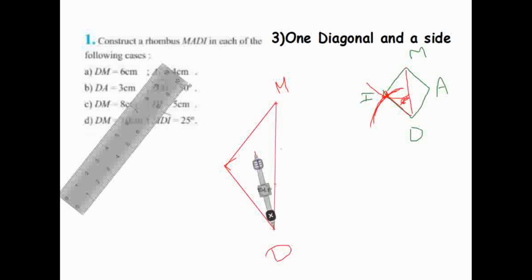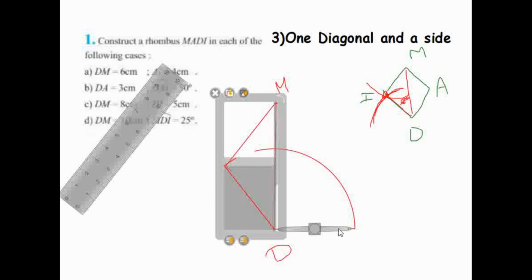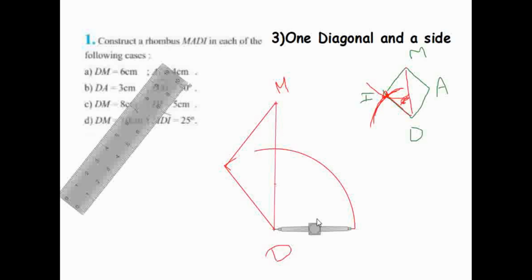Keep the compass, of course, at 5 centimeters because you want the side to be 5 centimeters. So here is the arc. Okay, sorry for that. Here is the arc from D. Of course, you can make your arcs smaller, it's just hard to manipulate this.